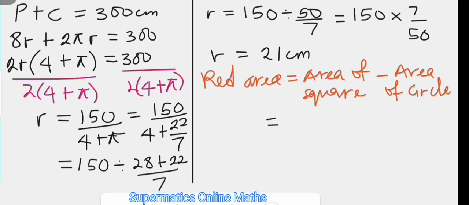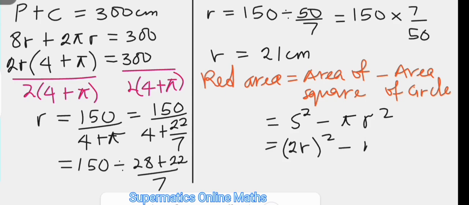While the area of square is s squared by formula, and the area of a circle is pi r squared. But the length of the side of this square is 2r, so we have 2r all squared minus pi r squared, the area of the circle. That is 4r squared minus pi r squared.